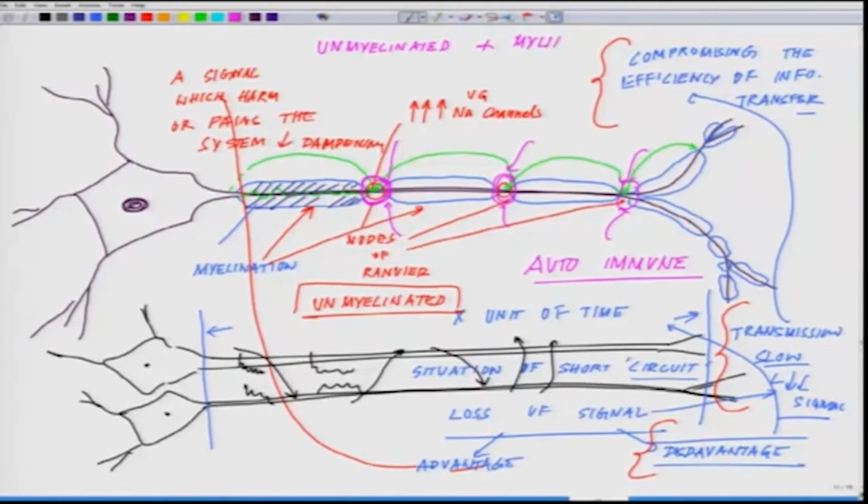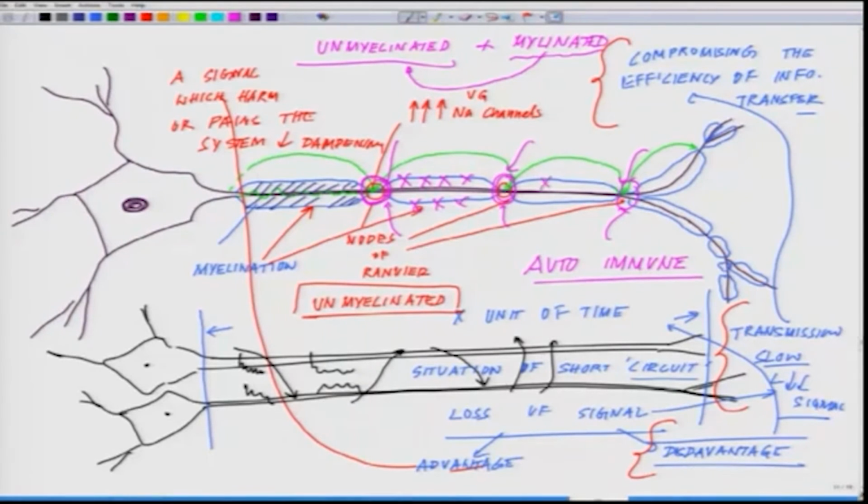So this has been already decided, but imagine because of a disease situation these myelinated neurons become unmyelinated, because these Schwann cells started to die out.